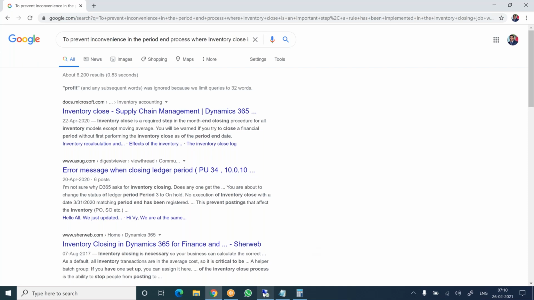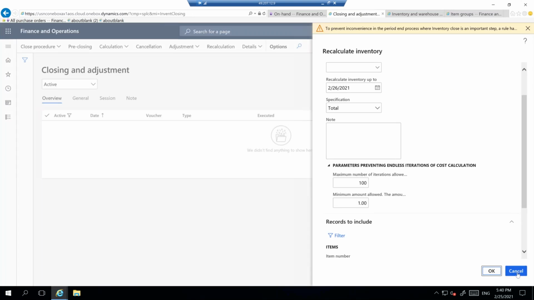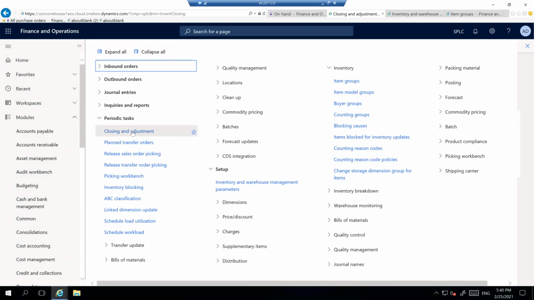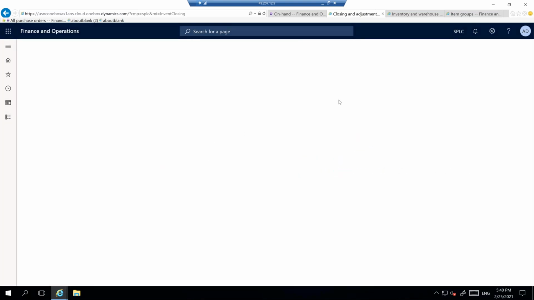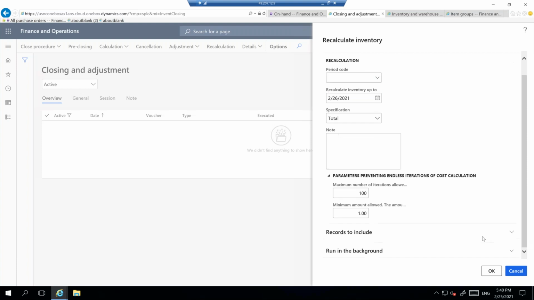Okay, fine. Let me try now. Fallback warehouse, I have mapped, everything is mapped. Inventory closing, recalculation for a specific item. You can do it for all items, but I would like to show you for the specific item. That is the reason I'm doing it.